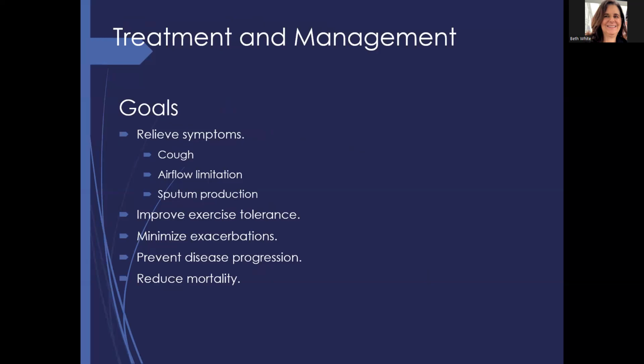Treatment and management of COPD. Okay, we want to relieve their symptoms: the cough, the airflow limitation, the sputum production. We want to improve their exercise tolerance, which we can do through pulmonary rehab. We want to minimize their exacerbations by educating the patient on what to avoid, and on lifestyle changes that they could make to help maximize their activities of daily living.